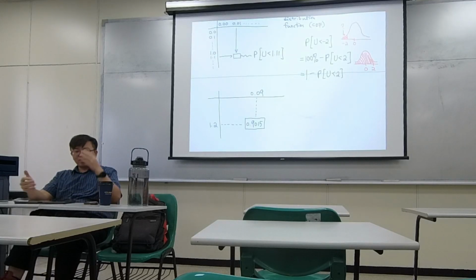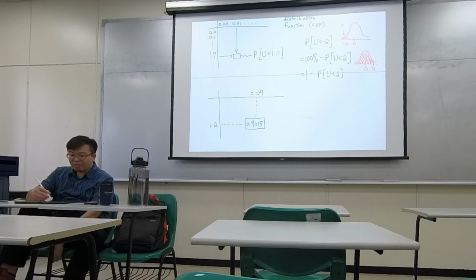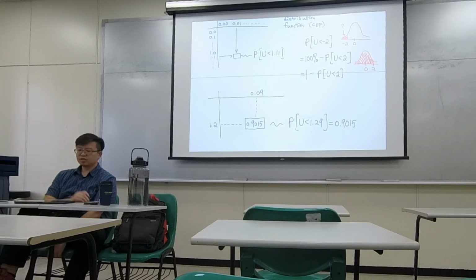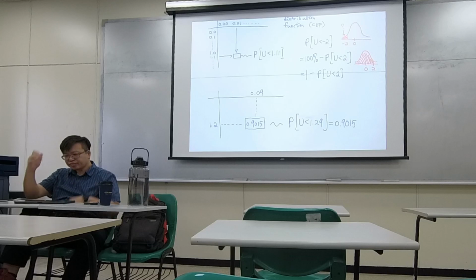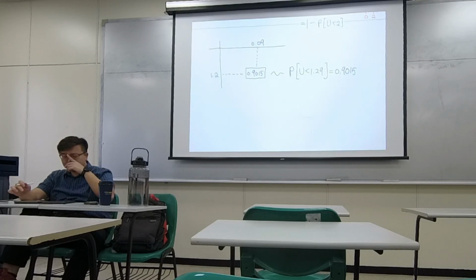From the table, I read this: probability of U smaller than 1.29 equals 0.9015. Okay?